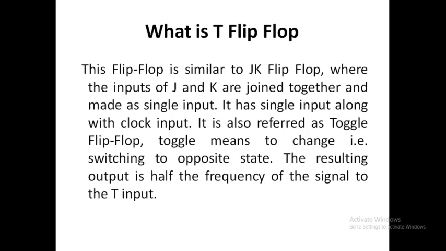It has a single input along with the clock input. It is also referred to as the toggle flip-flop. Toggle means if you give input 0 then output will be 1, and if you give input 1 then output will be 0.